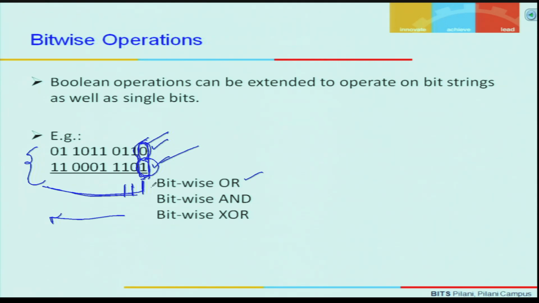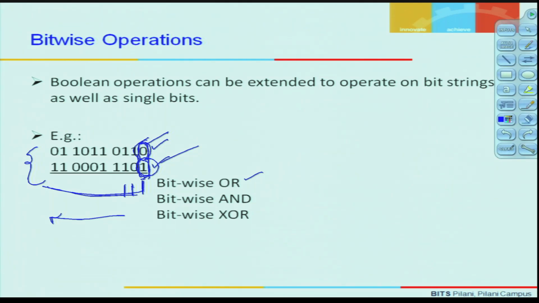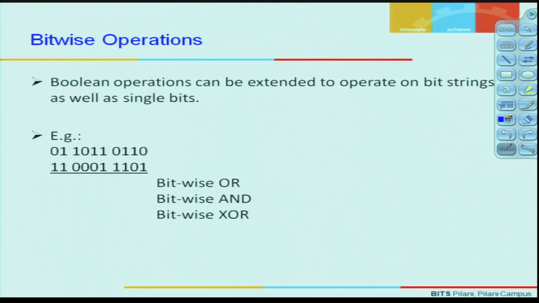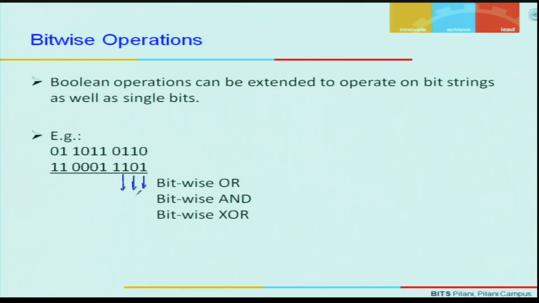You go back to our truth table and see it and put that value over here, and that is how these operators have been defined. Go to each place and apply the bit OR operator on them and put the value here, then you get the bitwise OR resultant value when it is acting on these two strings.